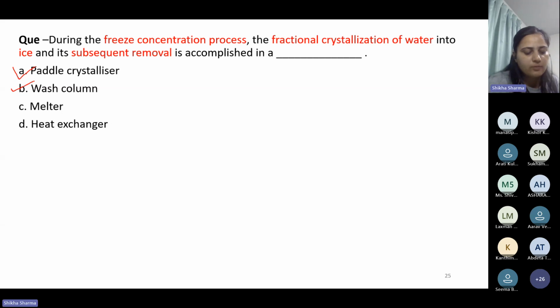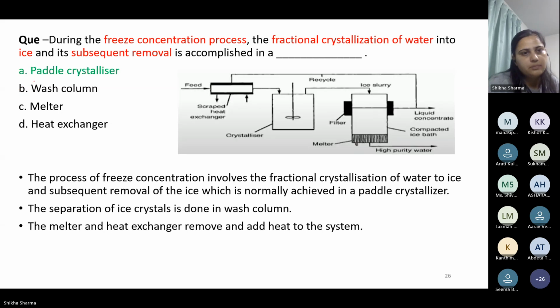Can anyone clarify her doubt? The paddle crystallizer is the whole setup, which includes the wash column, melters, and other things as well. And the wash column is only for removal of the ice. So she is correct that paddle crystallizer is the correct option.